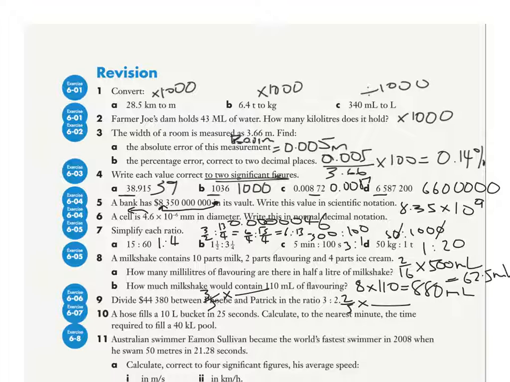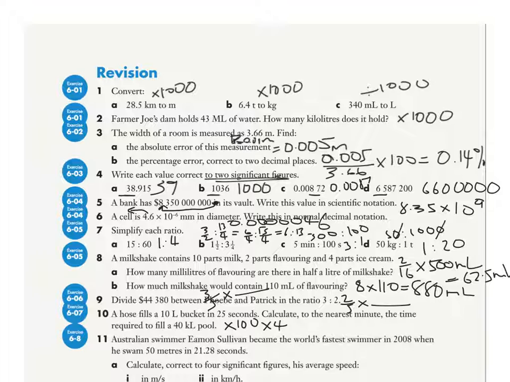Alright, a hose fills the 10 litre bucket in 25 seconds. Calculate to the nearest minute the time required to fill 40 kilolitres. Okay, so 10 litres. How do you get 10 up to 40 kilolitres? To get 10 litres up to a kilolitre, we need to get up to 1,000. So 10 times 100 will get us to 1,000.